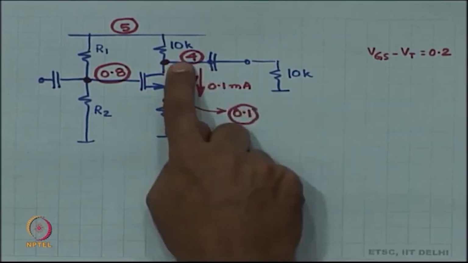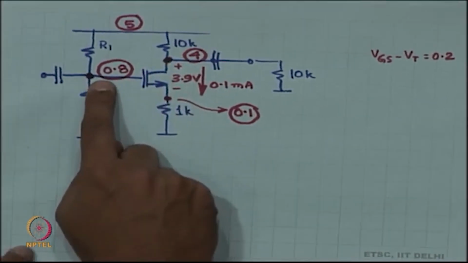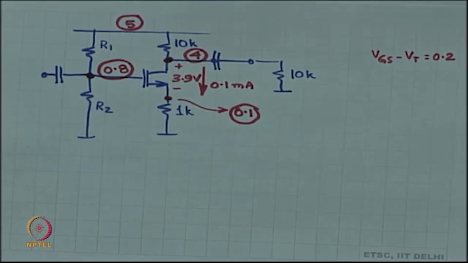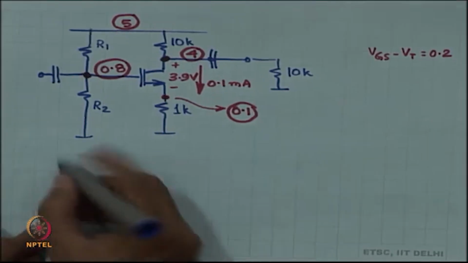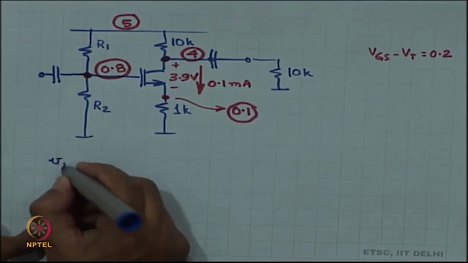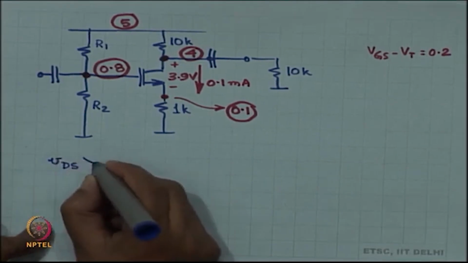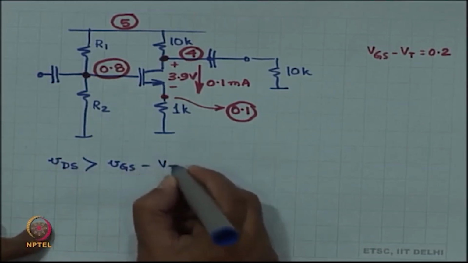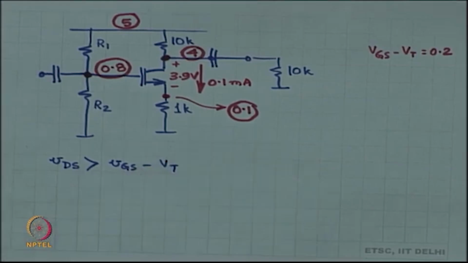The drain voltage is going to go down and up around 4 volts, when the gate voltage is going up and down around 0.8 volts. But whatever happens, you want the device to be in its flat region, which means that VDS must be greater than VGS minus VT at all times.